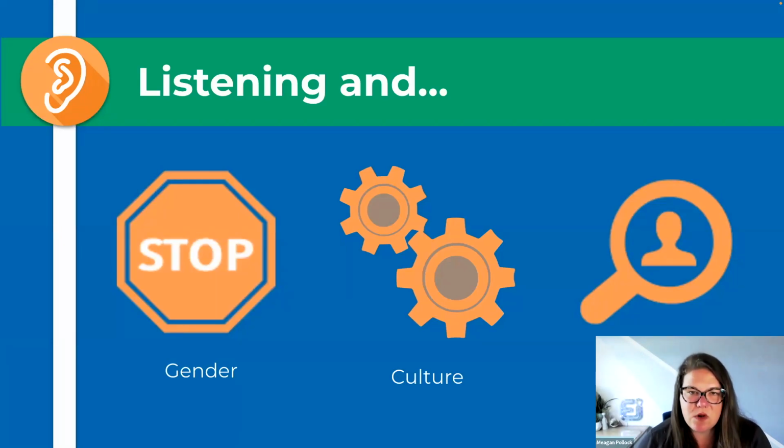And the next thing to remember is around listening and gender. So much of the research on gender differences in communication has been influenced by gender stereotypes and falsely connected to biological differences. So the whole men are from Mars, women are from Venus, like it's BS, right?